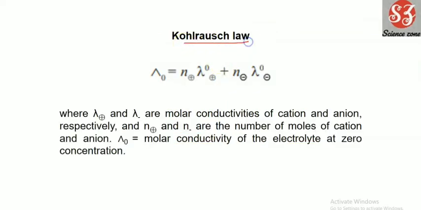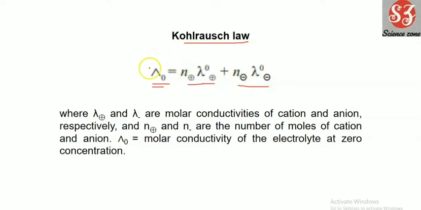Next is Kohlrausch's law. This is very important because the total molar conductivity of a solution at zero concentration is equal to molar conductivity of cation plus molar conductivity of anion.